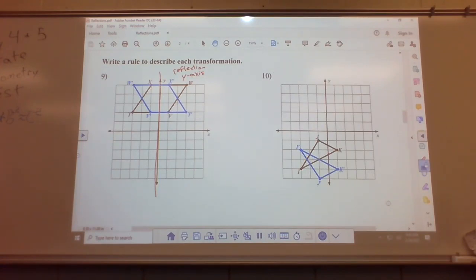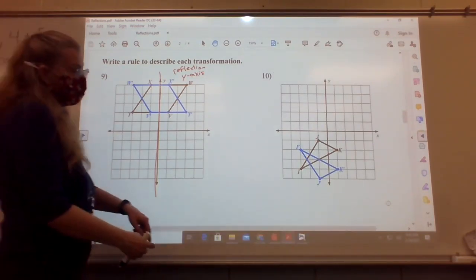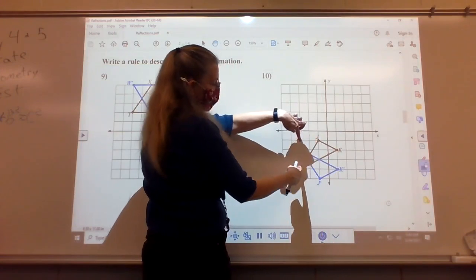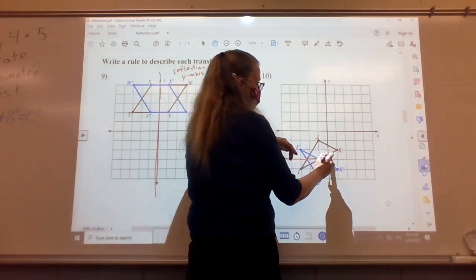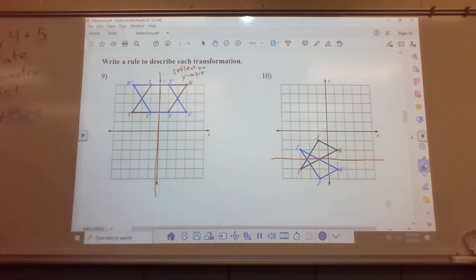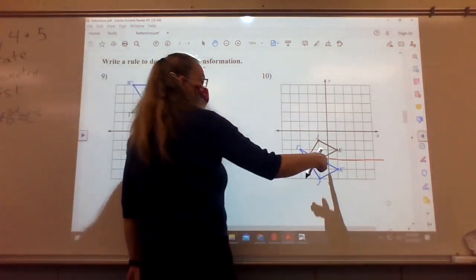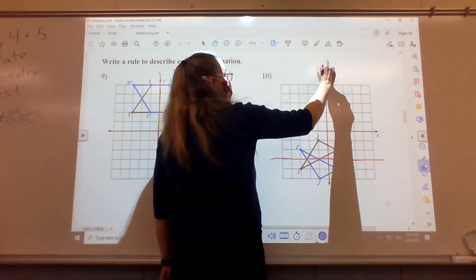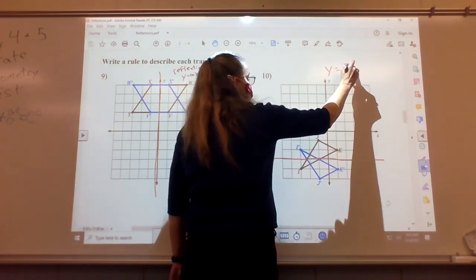So 10, K, J, I. So it looks like it's right here. Now be careful. It crosses the Y line. It crosses the Y line at -3. So therefore my rule is Y equals -3.